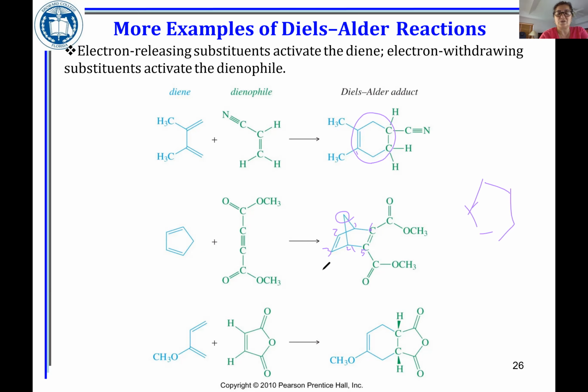So that's also okay. In this case, the diene is in a cyclic system, and the diene is in cis form, which is good. 1, 2, 3, 4, and the same thing is going to happen.